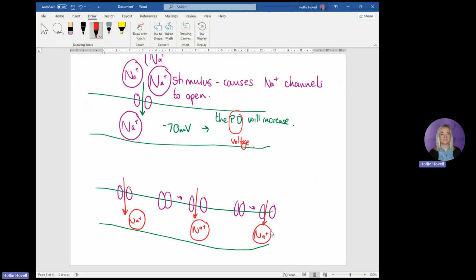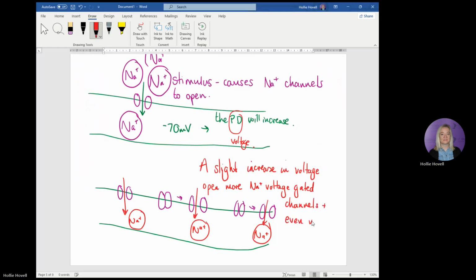Okay, so a slight increase in voltage will open more sodium voltage gated channels, and even more sodium ions will diffuse in.